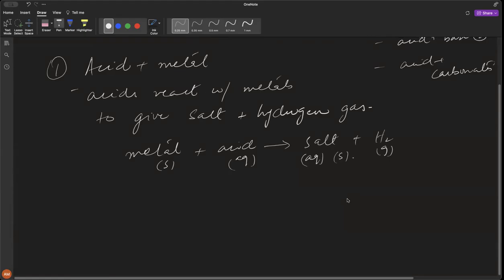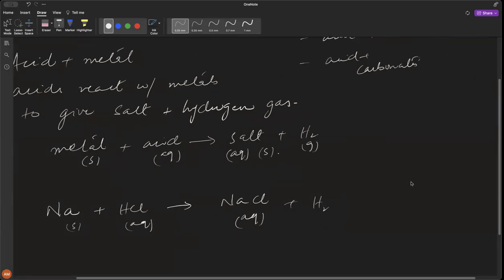Almost all of the reactions are going to be like that. Let's take an example. Na solid plus HCl aqueous is going to give you NaCl, a chloride, which is aqueous, meaning it is soluble, and hydrogen gas. What is going to be the observation for this?